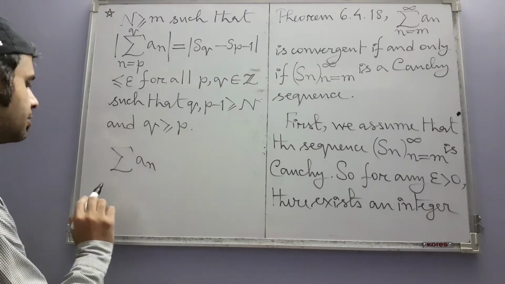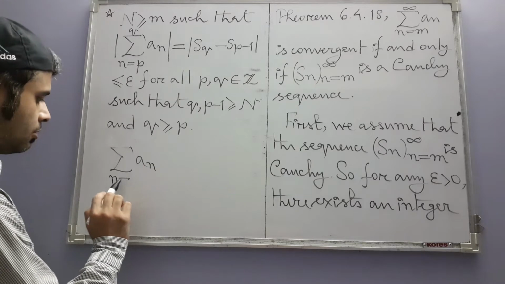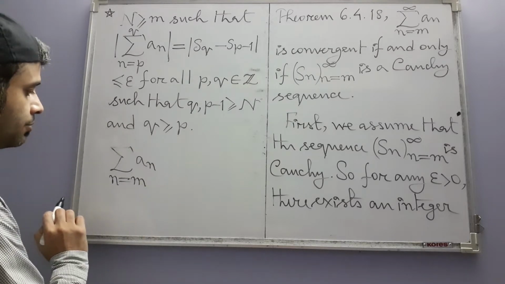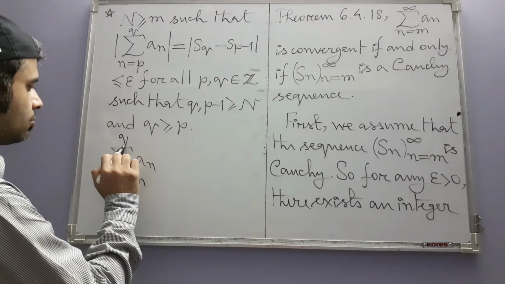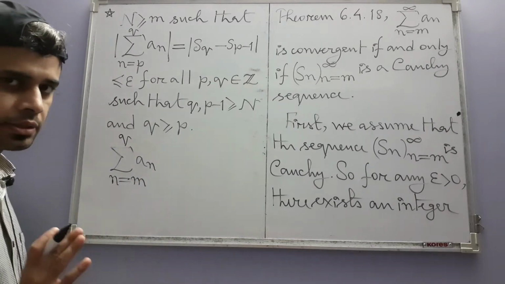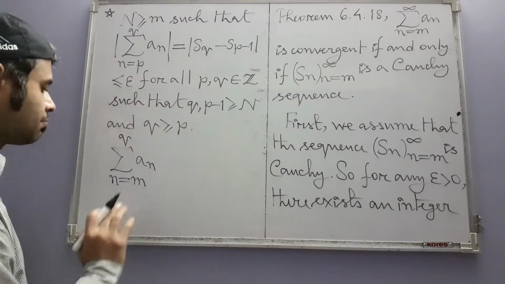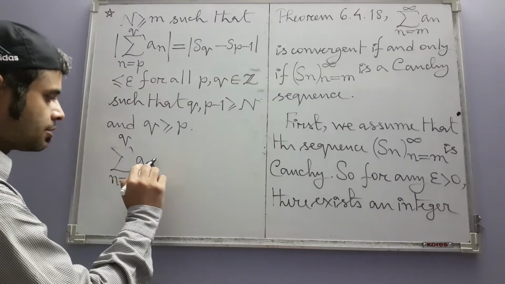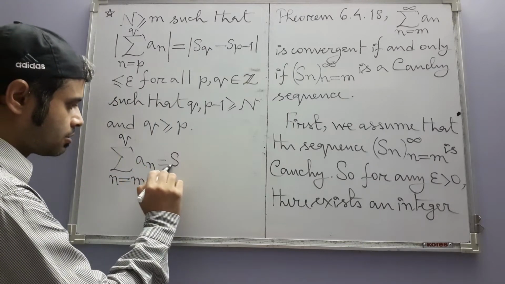If you consider this finite series, say, n varying from m to q, then by the definition of our partial sums, this is nothing but Sq.